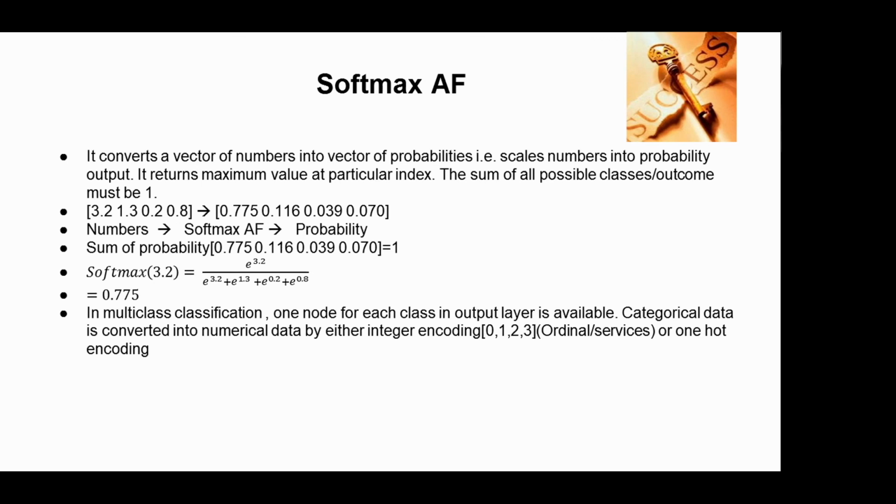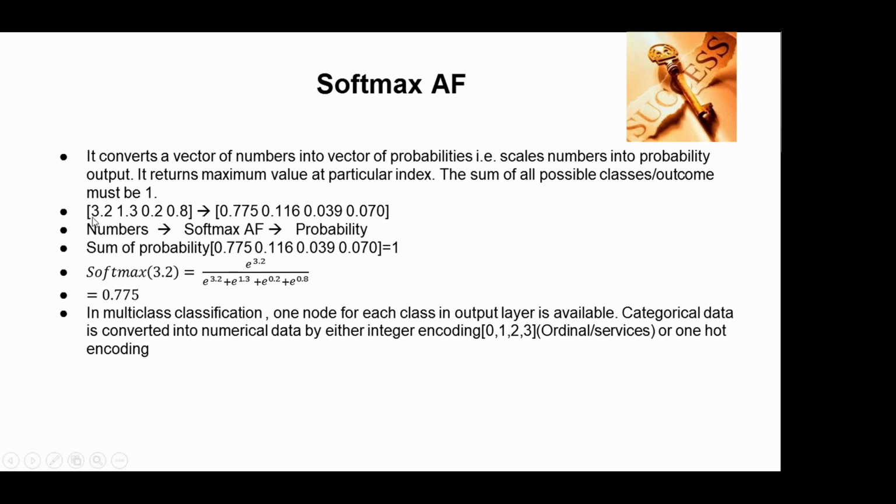So 3.2 is converted into 0.775. 1.3 is normalized into 0.116. 0.2 is mapped into 0.039, and 0.8 is mapped to 0.070.